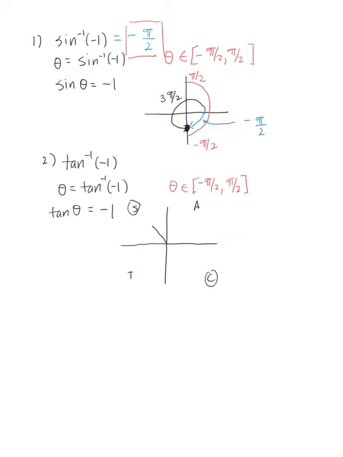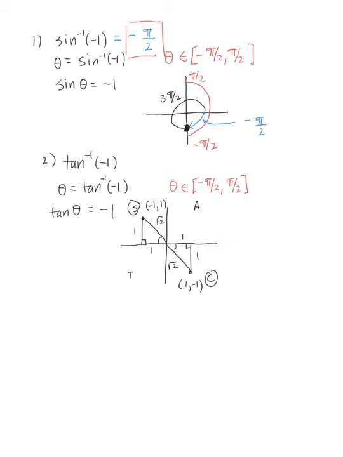So here, let me just pretend that's a right angle. Here you're going to have 1, square root of 2. So this point right here is x is -1 and y is 1. And then you can draw the same triangle here. So this is pi/4, that's pi/4. And here you're going to have 1, square root of 2. So this point right here is x is 1, y is -1.